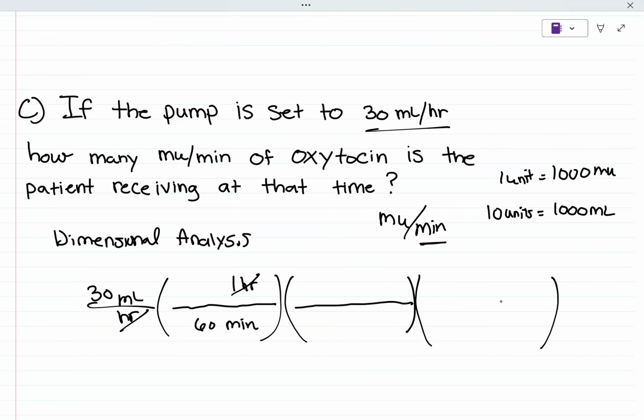So we have to be careful how we do this. So I'm going to start with the 10 units equals 1,000 milliliters.